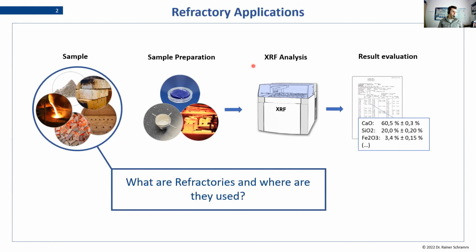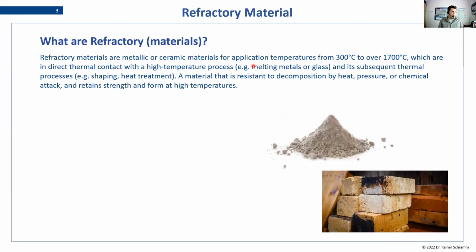So the first question, of course, is what are they? What is meant with this material, and where are they used? I basically copied this from Wikipedia and filled in a few more details.